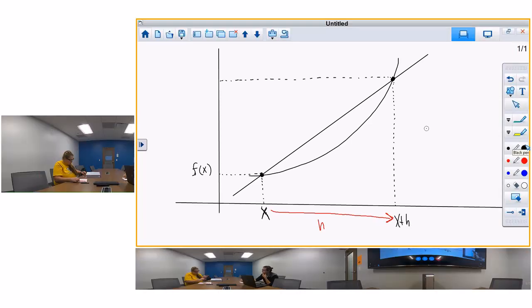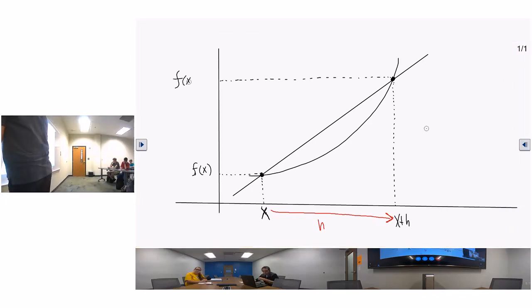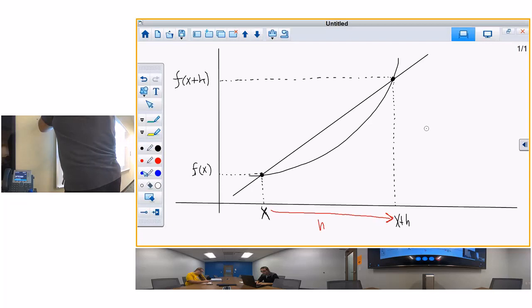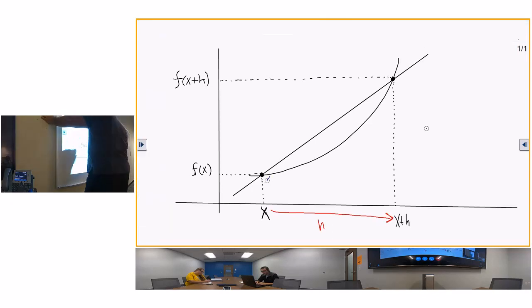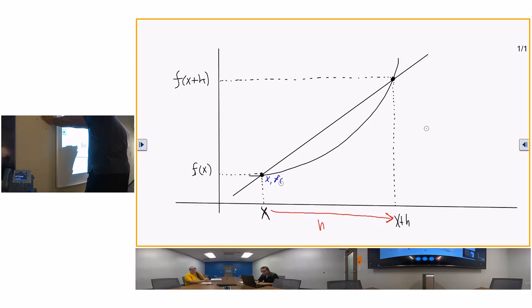And somebody tell me what that over there is. f of x plus h, good. So technically, this point right here is x, comma, f of x. Everybody with me?